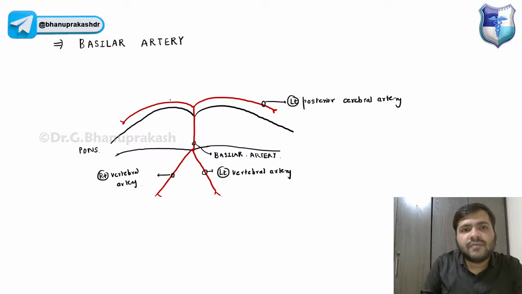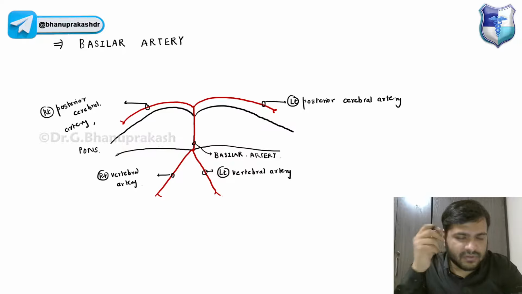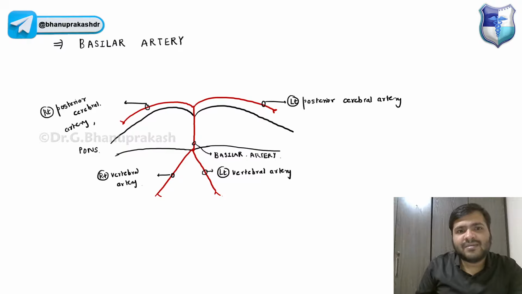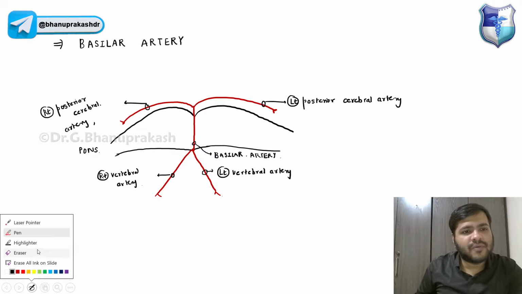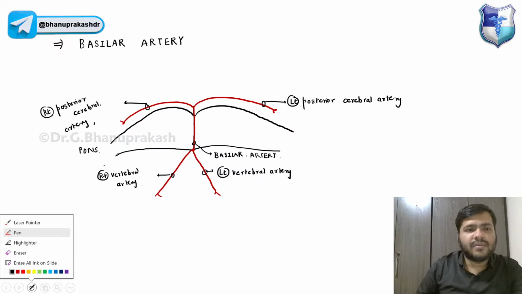And over here we will have the right posterior cerebral artery. So the basilar artery begins at the lower border of the pons and ends at the upper border of the pons, right? So this is how it goes. There are two terminal branches.